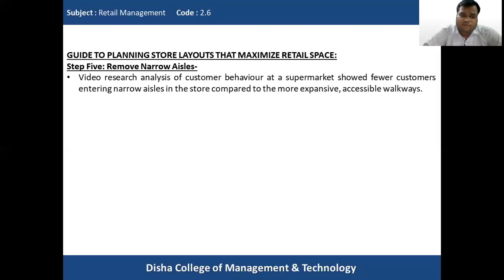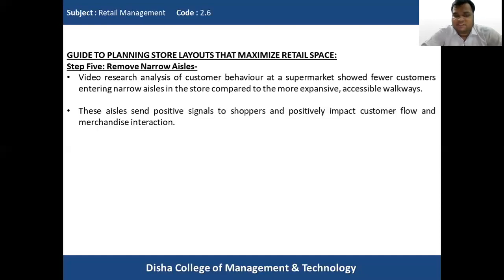So they are very much interested in shopping from these broad aisles. Narrow aisles should be altogether removed and not placed in the store, and enough personal space should be given for the customer to browse all the items on display, so that the customer decides what to buy and what not to buy.